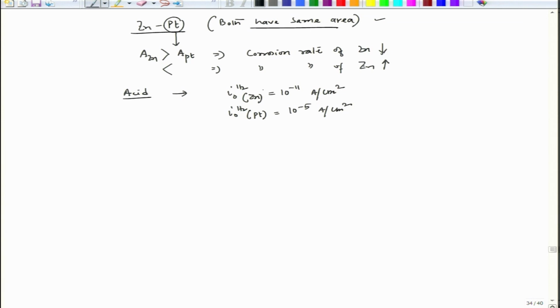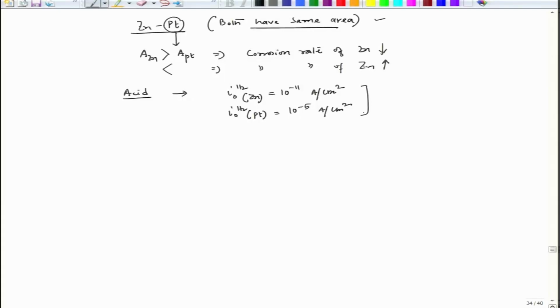Though arbitrarily taken, at least we know that the exchange current density of the hydrogen evolution reaction on the zinc surface in an acid is much lower than that on platinum. So, we are maintaining that difference by assuming these two values.